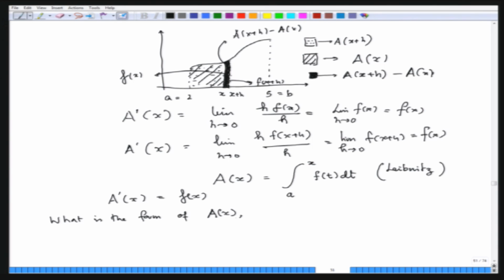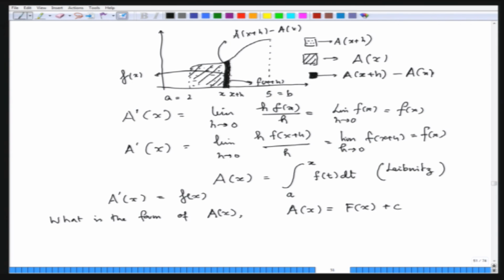In general, A(x) would be of the form F(x) plus c, because A dash x would anyway give f(x). But you say okay, you have a constant added here. Do you want to mean that for the same x you have different values of the area? I said no, it cannot have a different value of the area; this c has to have some meaning.